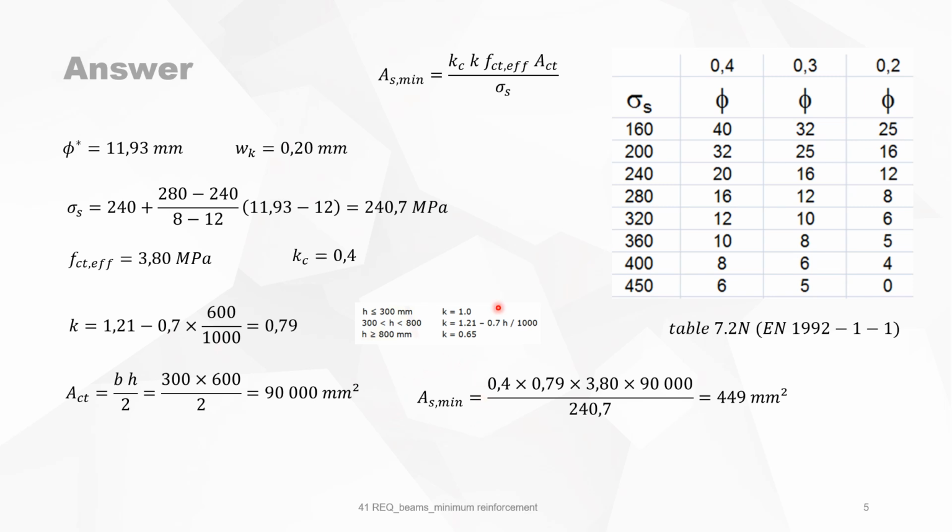So the minimum reinforcement is then kc 0.4 times k 0.79 times fct,eff 3.8 times Act 90,000 divided by 241, the steel stress. And so we are at 450 square millimeters. 450 square millimeters is around 3 diameters 14, which gives you 462, so that's okay.